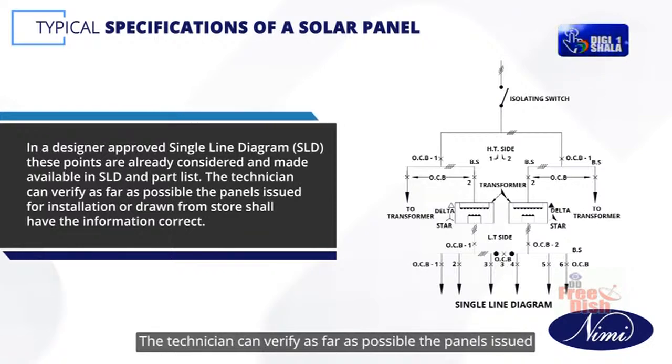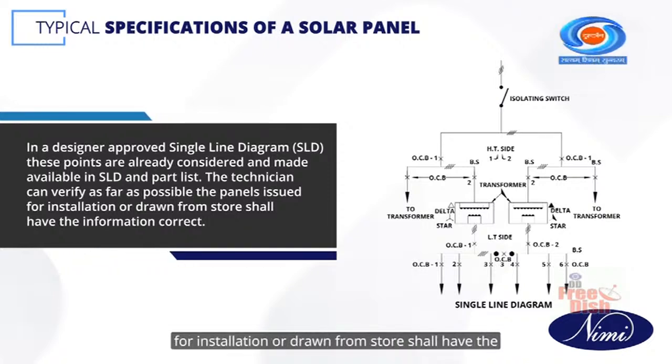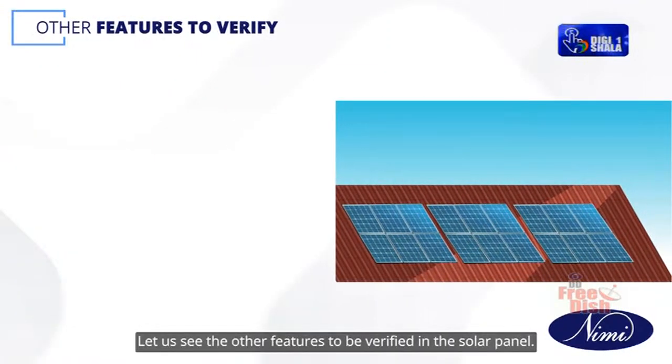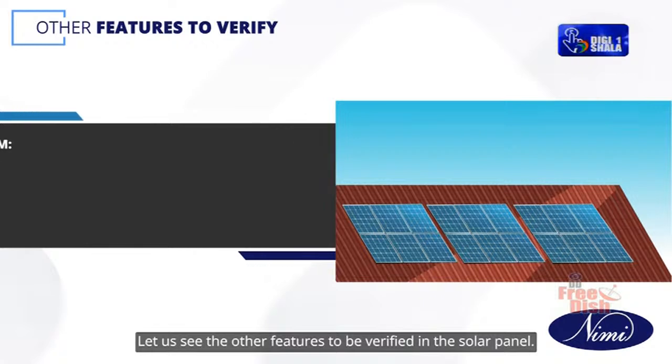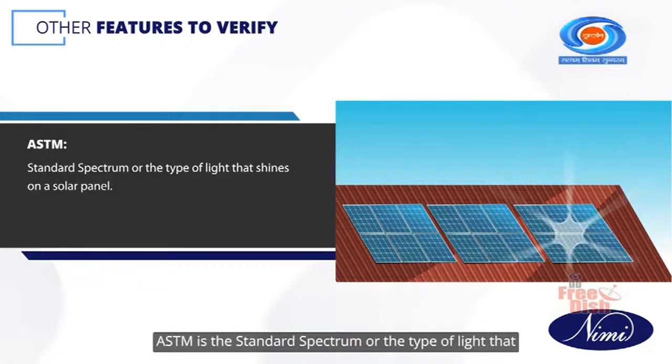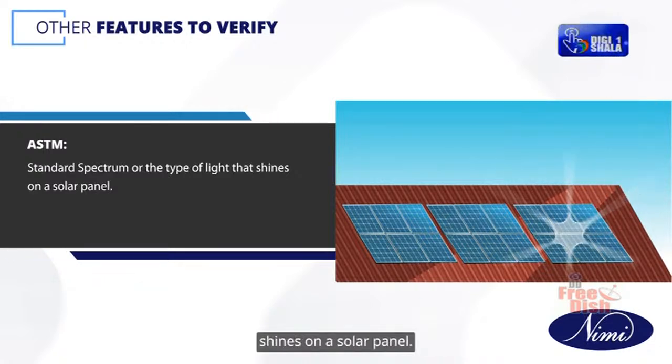The technician can verify as far as possible the panels issued for installation or drawn from store shall have the information correct. Let us see the other features to be verified in the solar panel. ASTM is the standard spectrum or the type of light that shines on a solar panel.